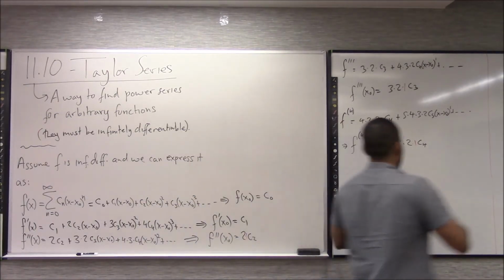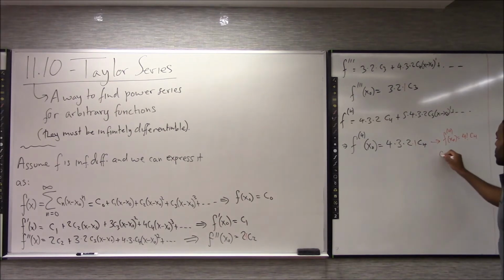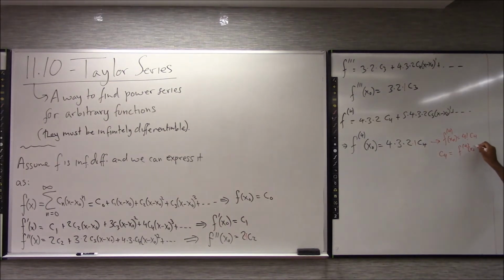So basically this is telling me that the fourth derivative evaluated at the center point is 4 factorial times c4. In other words, the fourth coefficient is going to be the fourth derivative evaluated at the center point over 4 factorial. Similarly, the third coefficient is the third derivative evaluated at the center point over 3 factorial.